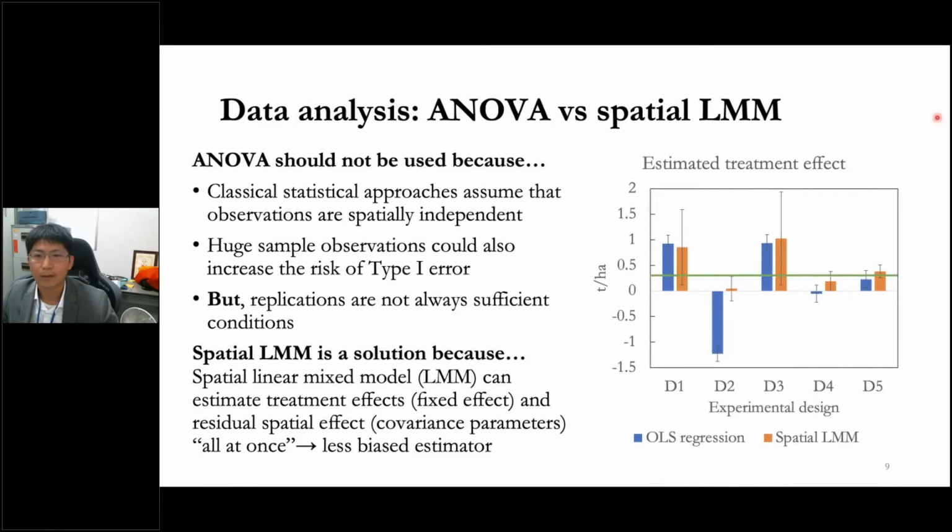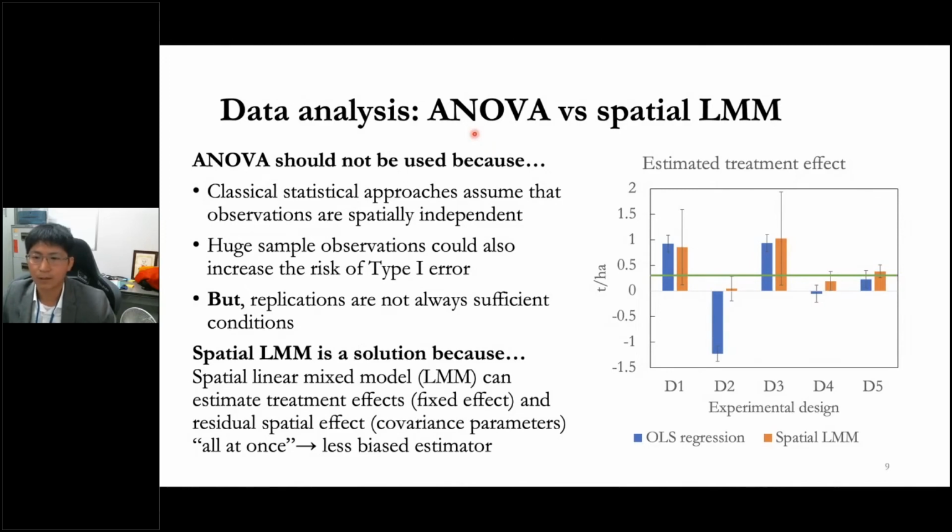Okay, now let's take a look at the slides explaining a statistical model for OFEs. For a long time, classical statistical models such as ANOVA or t-test have been used for the data analysis, but classical statistical approaches assume that the observations are spatially independent.